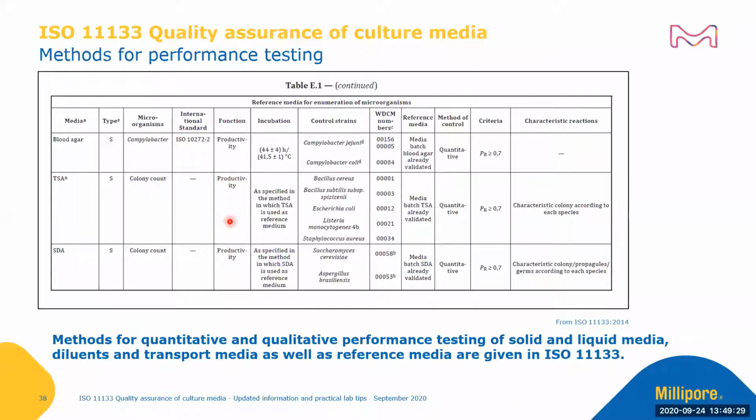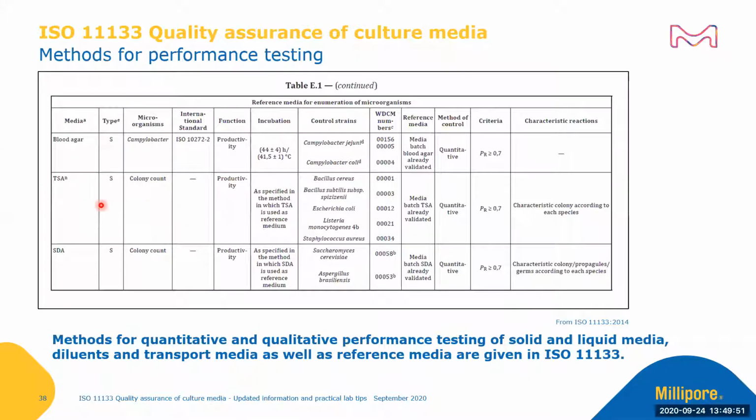Methods for the performance testing of the culture media are given, and also for the reference media. Methods for quantitative and qualitative testing for solid and liquid media, diluents and transport media are given in detail in ISO 11133, always in this kind of format.